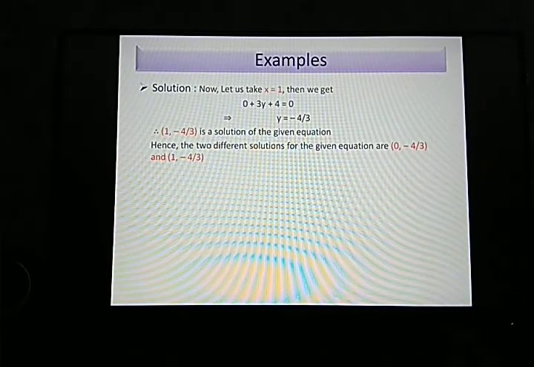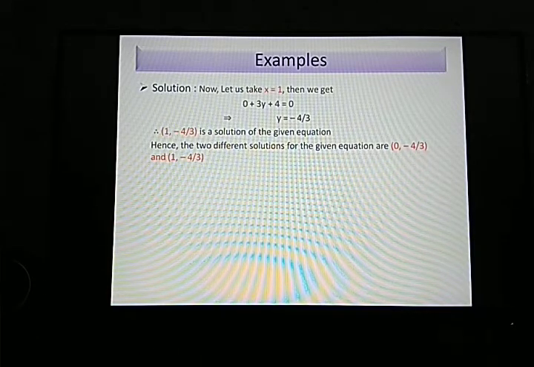Because the coefficient of x is 0. So whatever value of x we take, that term will ultimately turn out to be 0. That's why the value of y remains constant here, that is minus 4 by 3.